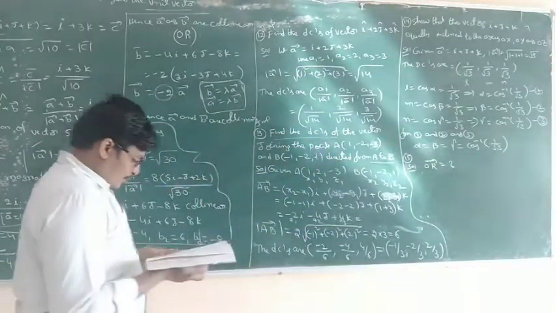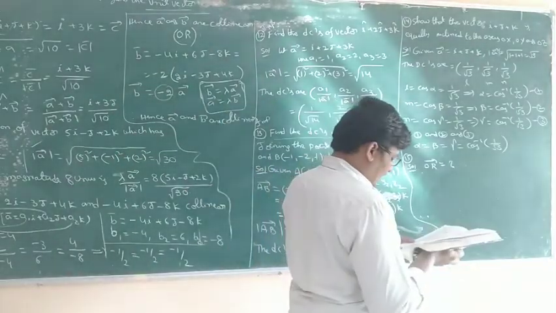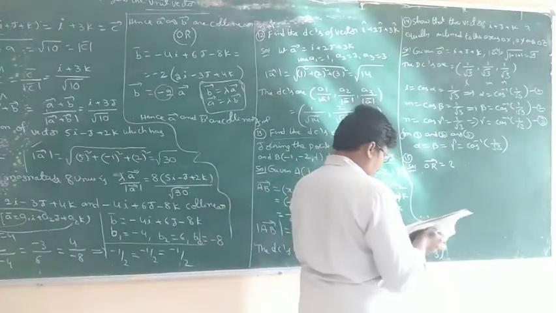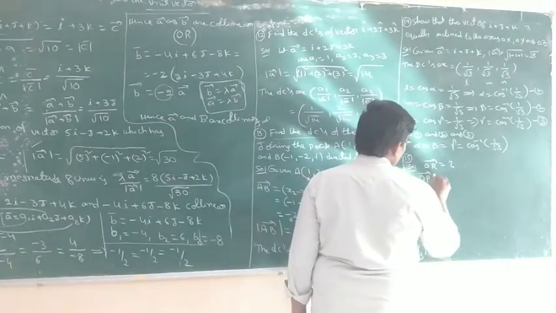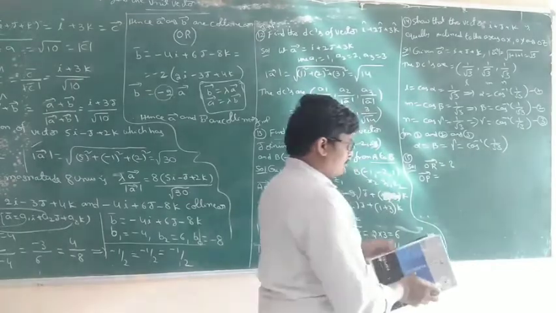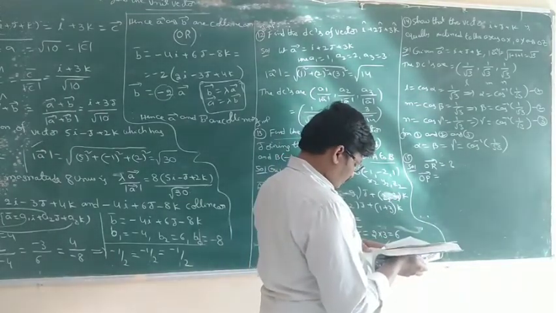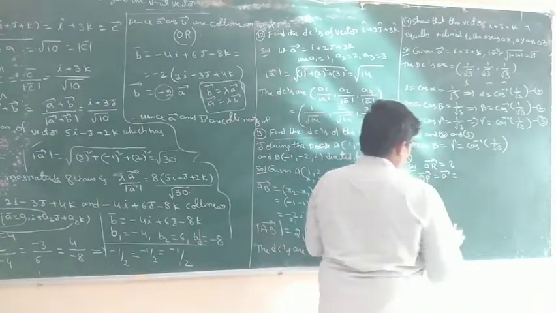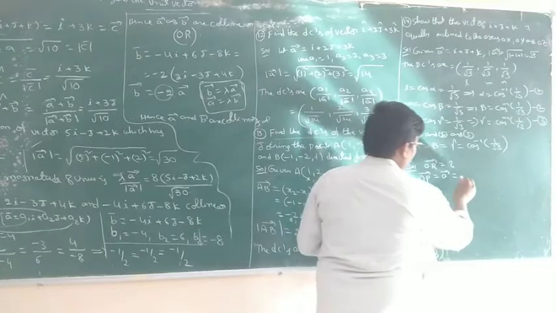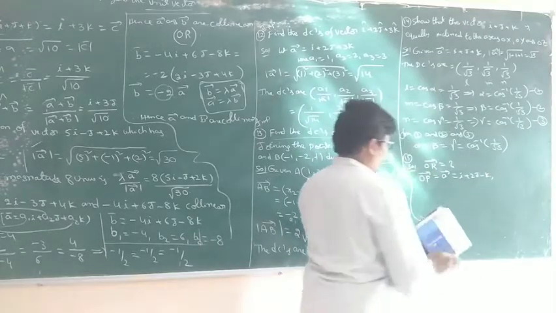Find the position vector of point R which divides the line joining two points P and Q. Points P and Q mean position vectors. OP bar is taken as A bar, OP bar is equal to i plus 2j minus k.